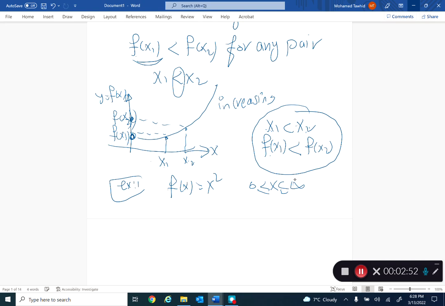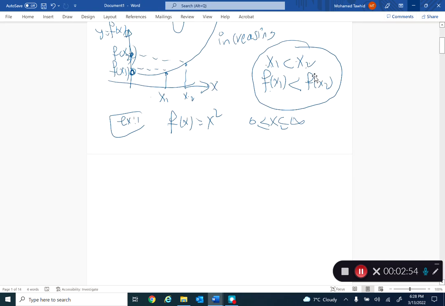What is the graph of f of x equal x squared? It's a parabola, but here the domain starts from 0 to plus infinity. So that is the graph, it's half of the parabola.